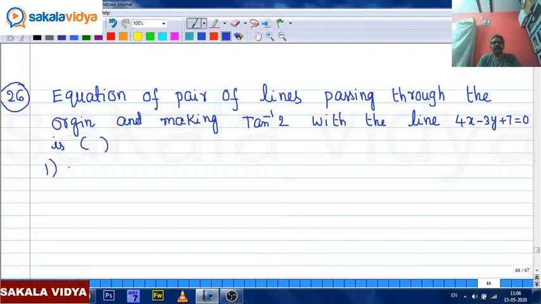First option: (4x minus 3y) whole square minus 4 times (3x plus 4y) whole square equal to 0.